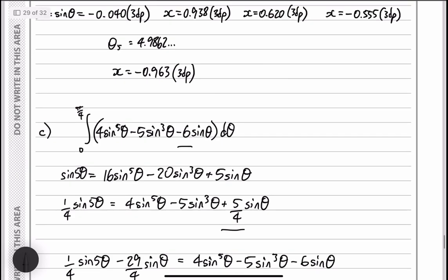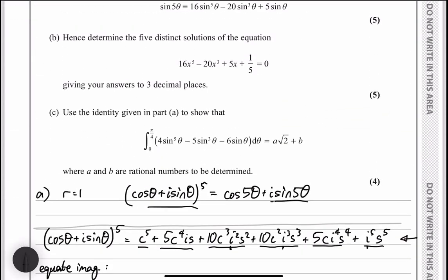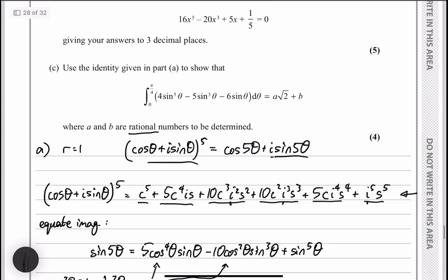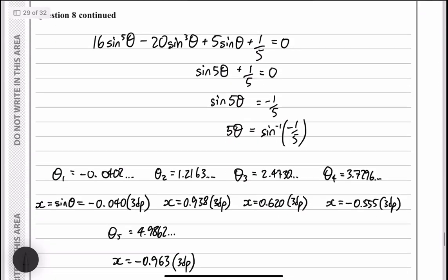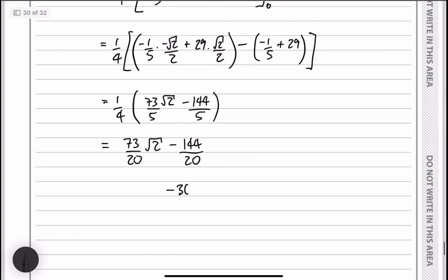And what do we need the format to be? a root 2 plus b, where they are rational numbers. Okay, that makes me feel a bit better. Root 2 and a constant. So let's put the quarter in, and we get 73/20 root 2 minus 144/20, and that is 36/5.